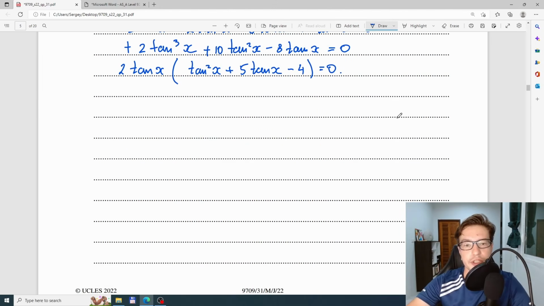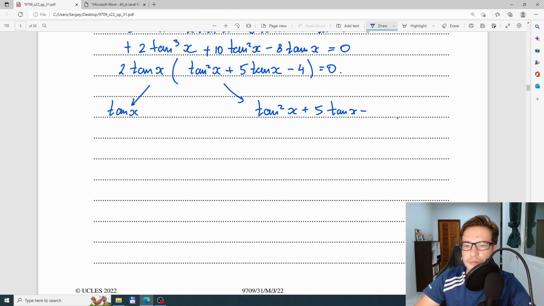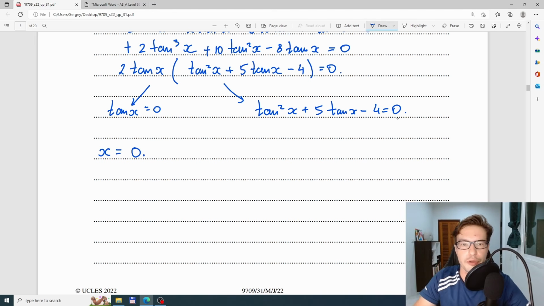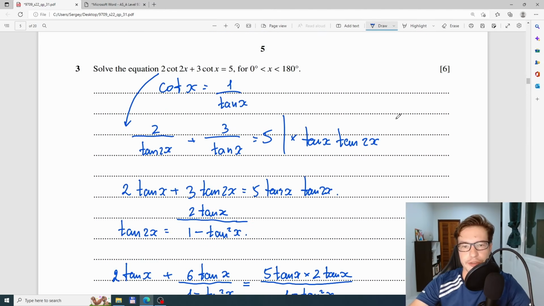Okay, so now the product equals 0 when either tangent x equals 0 or when the bracket equals 0. The first equation will give us x equals 0, or when you're solving equations with tangent, you can always add or subtract pi radians or 180 degrees, in our case, degrees.